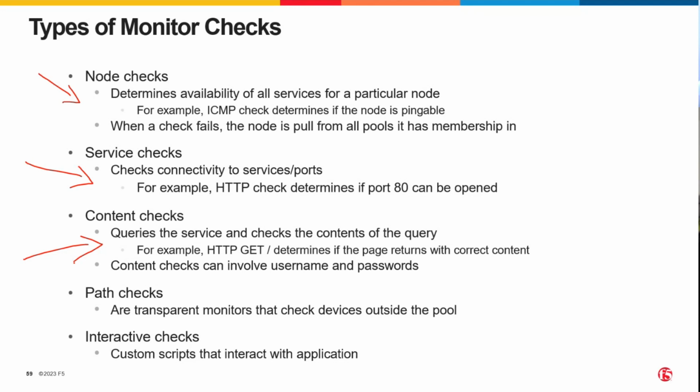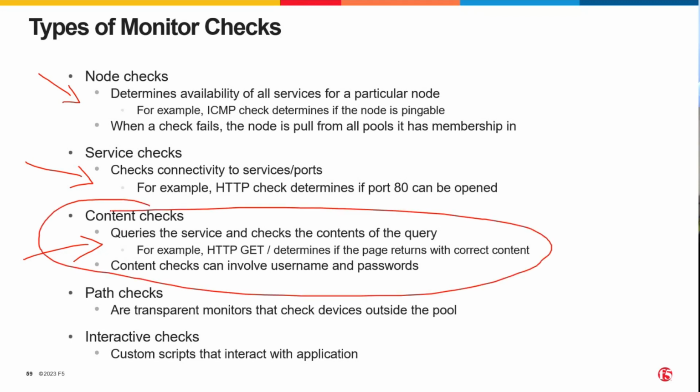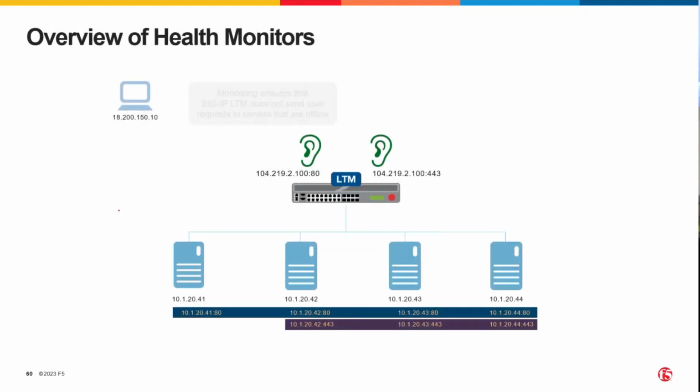So I'm sending some kind of request, and I'm expecting that the application will respond with some characters, some specific string that will appear in the response. This is the content check. In my opinion, this is something that should always be configured, for example, for web applications.